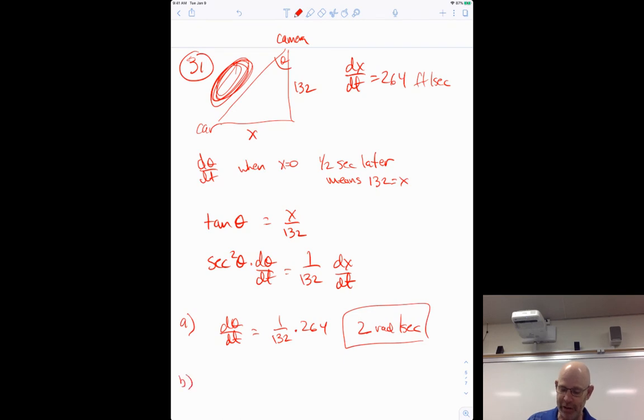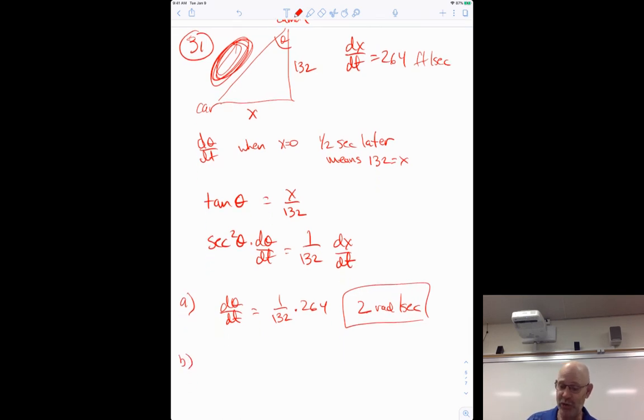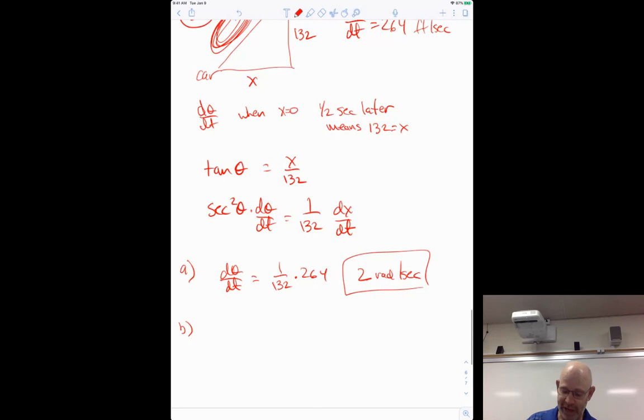The second part is x equals 132, a half second later. So now here's our little picture, just so you see it. Looks like this. This is 132. This is 132. There's my angle. So same equation, right? This time we want the secant of theta. This is just a 45-45-90 triangle, right? So secant is reciprocal cosine, and we're at 45.